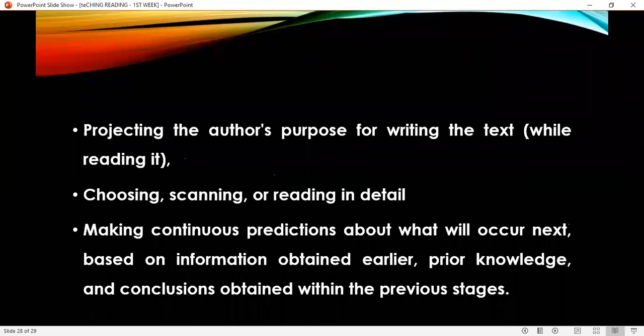So notice how this view is more complete. It is joining all of the previous views and adds more about this process of reading. So don't forget about it.